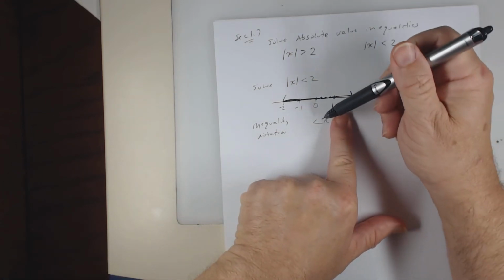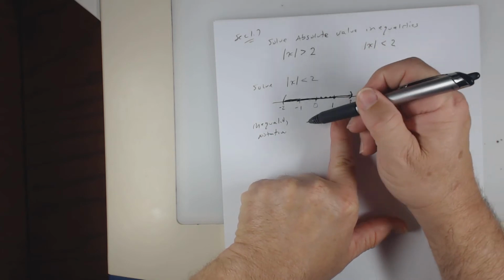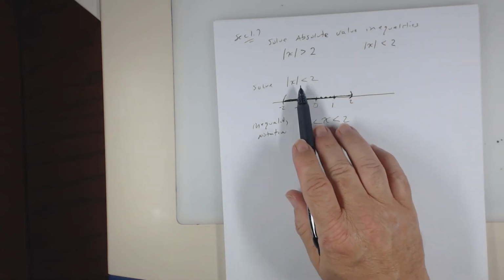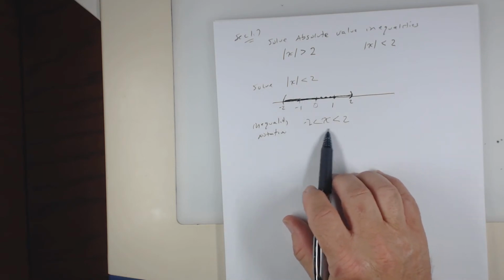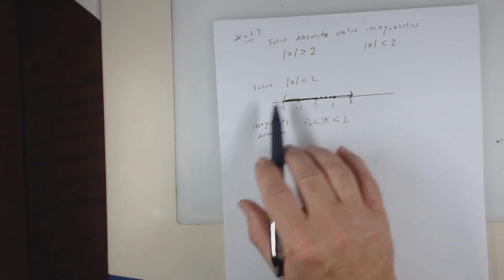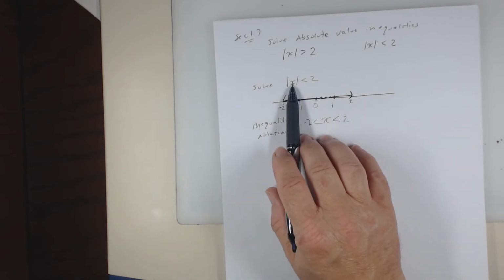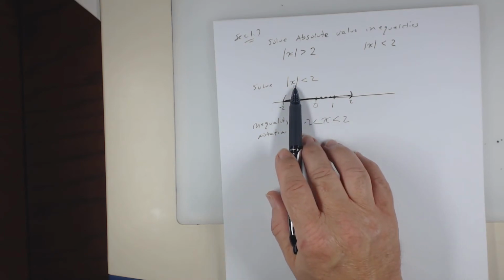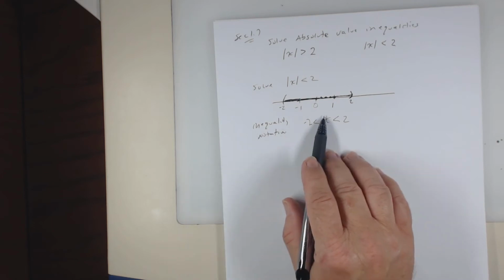And at the same time, it has to be bigger than what number? -2. So you see, when you have absolute value less than, you're going to use a compound inequality. Remember this from the last page? So absolute value less than is going to look like this. Is that clear? That's what the inequality notation looks like.